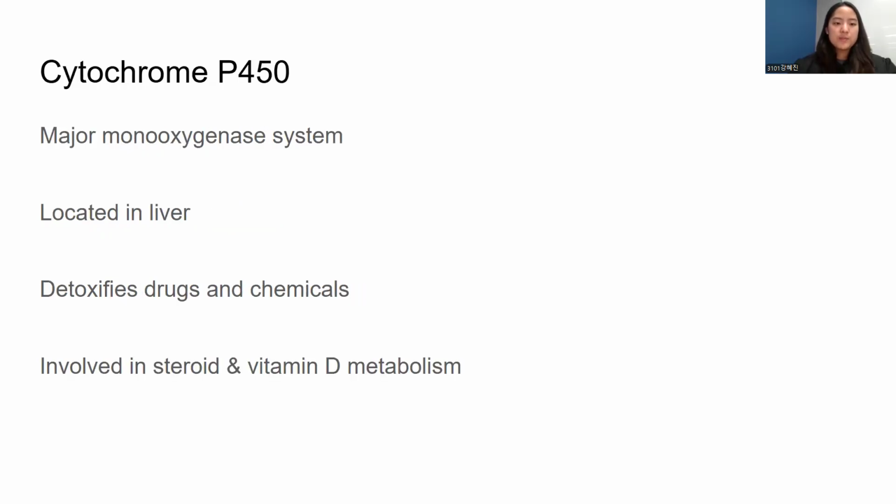Cytochrome P450 is a major example of a monooxygenase system. It is located in the liver, and its main role is detoxifying drugs and chemicals. It also makes those substances more water soluble, so they are easier to excrete. It is also involved in steroid and vitamin D metabolism.